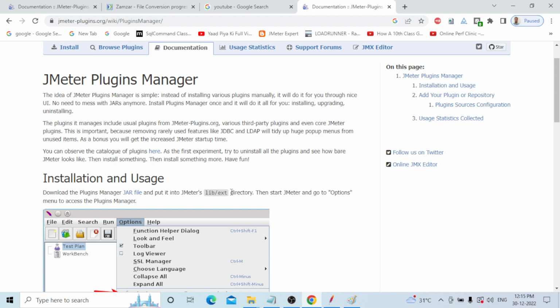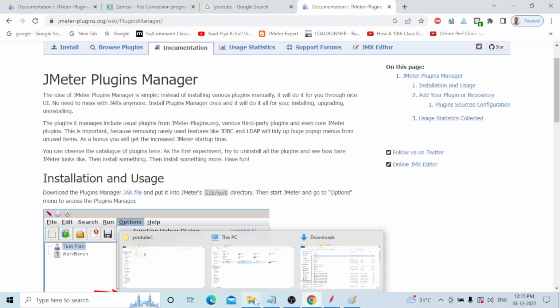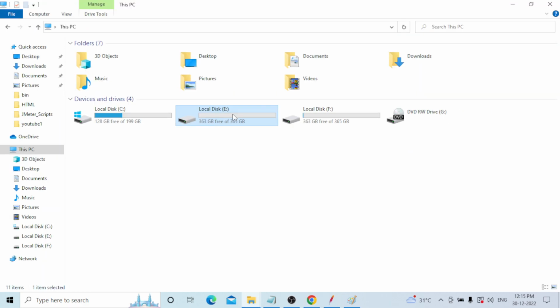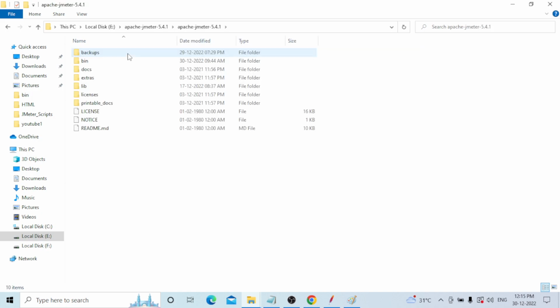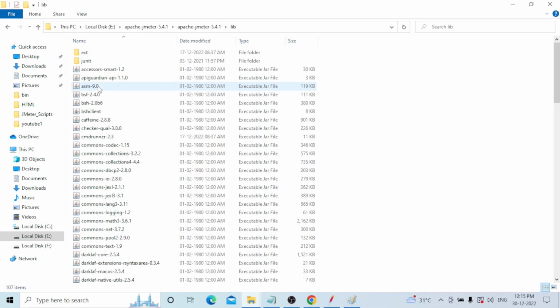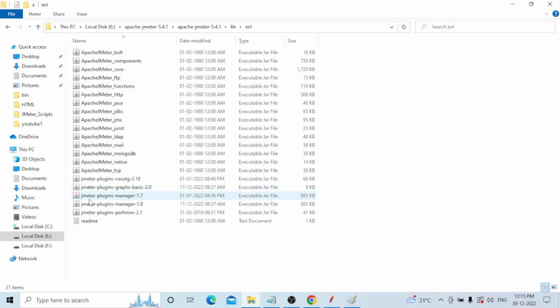For example, one second, I will go to JMeter, go to the lib directory, ext. You can paste it here. I have already pasted JMeter plugin manager 1.8.